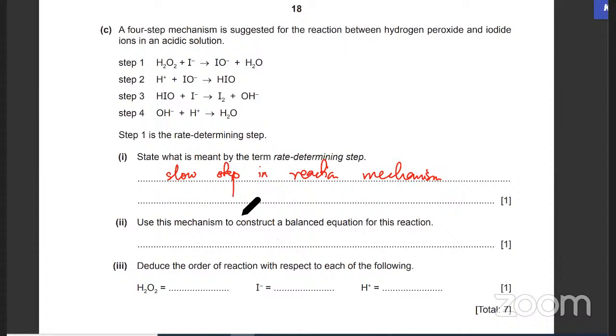Now use this mechanism to construct a balanced equation for this reaction. The overall reaction, what do you do? You just add up all the things. You add step 1 to step 2 and step 3, step 4, all of them get added. So what is going to get cancelled out? The IO- is going to get cancelled out. The HIO is going to get cancelled out. What else? OH- gets cancelled out.